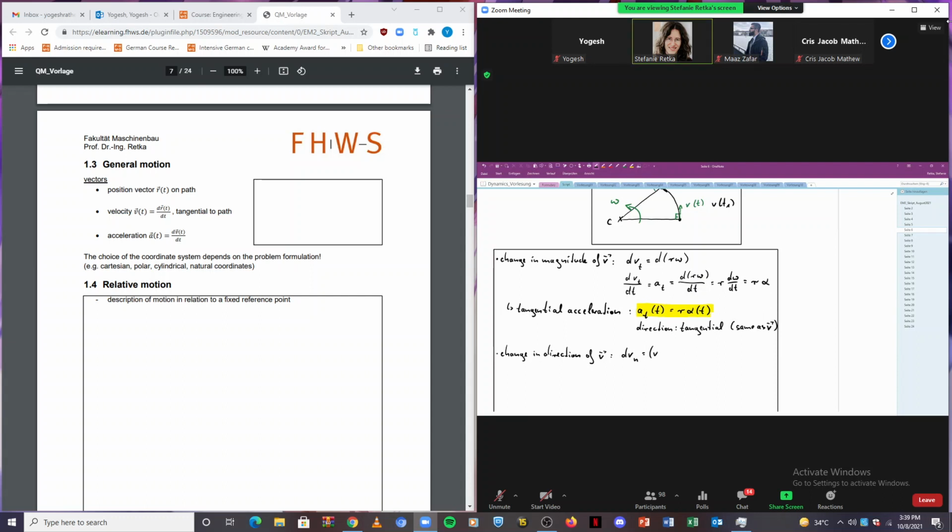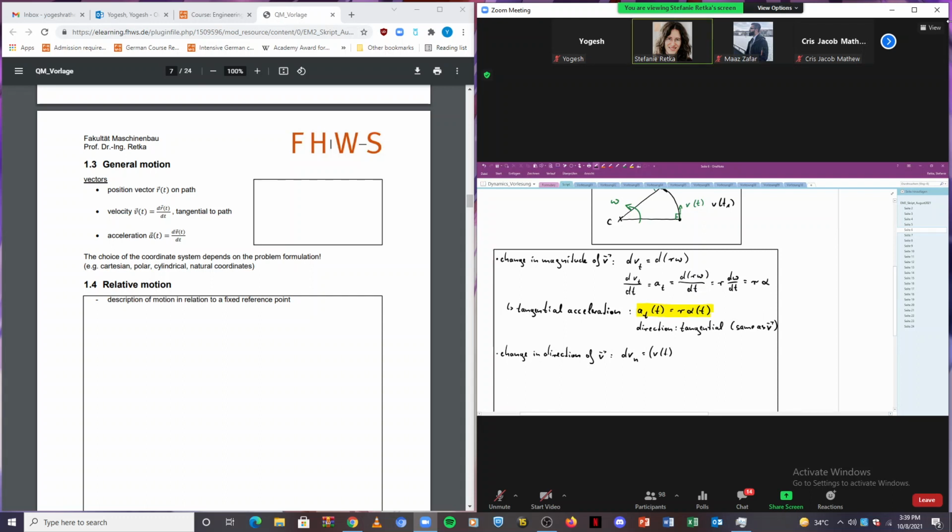No, as long as the object moves, it needs to have a velocity. And if it moves with constant angular velocity, the velocity itself is also constant, but the orientation of the velocity vector changes. So the direction is never constant. That changes over time. Let me finish this part, and then we will draw a figure, and then it might be easier to understand. Then I will discuss when it can be constant or zero. Okay.